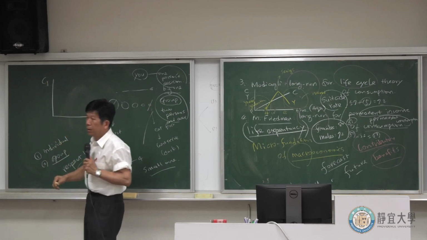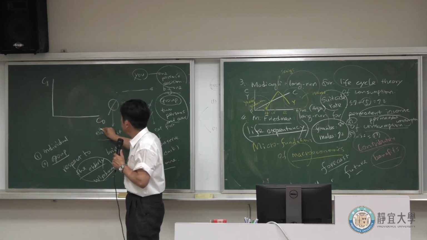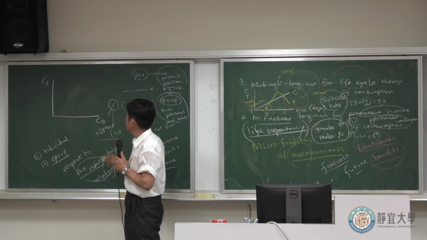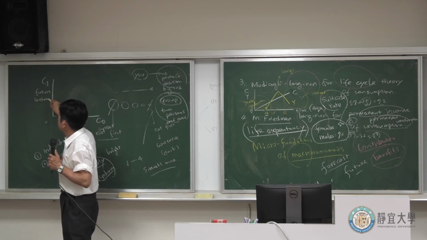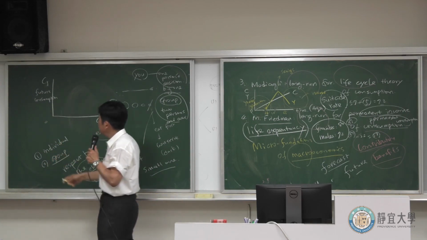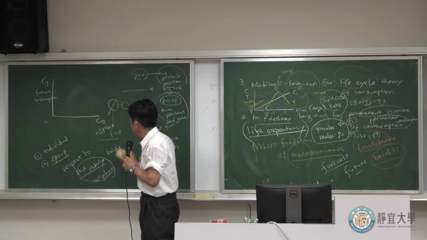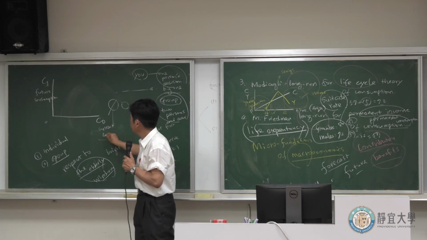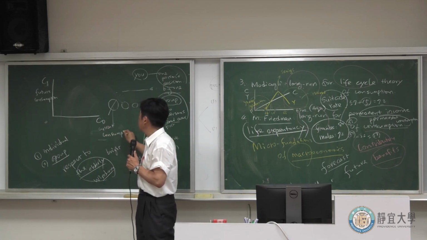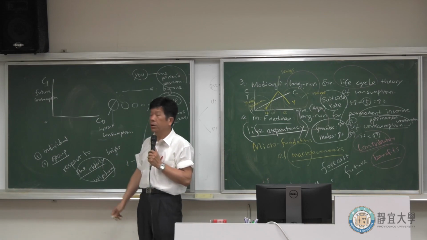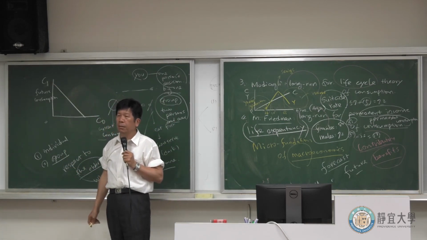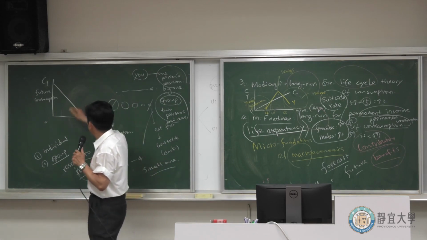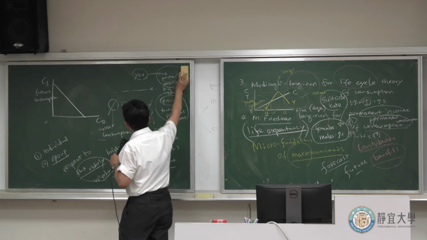The 0 means the current consumption, and the other represents future consumption. One is for the future consumption, one is for the current consumption. So how to make your decision? In general, you can connect this line.